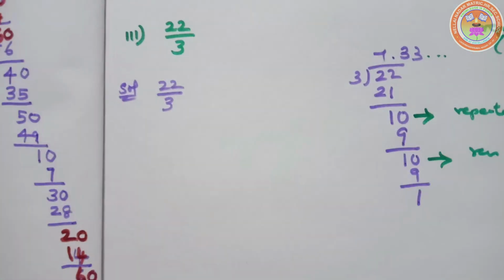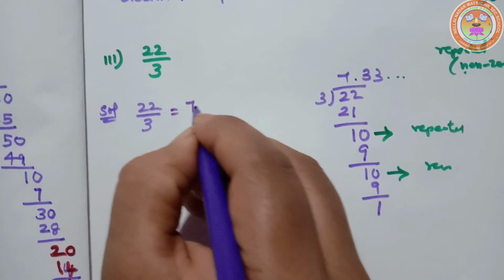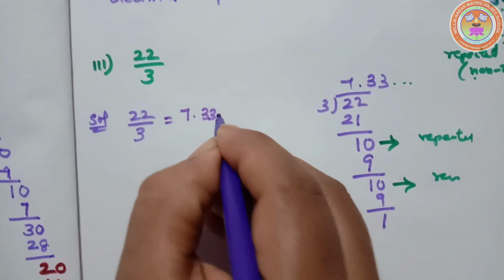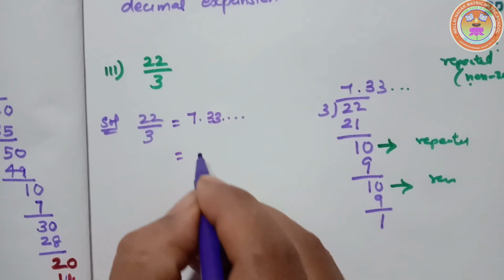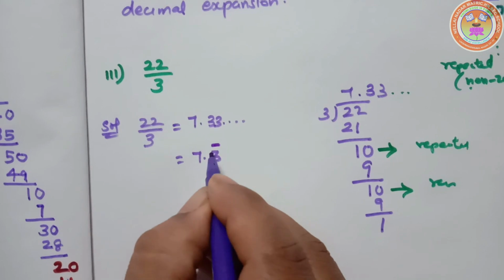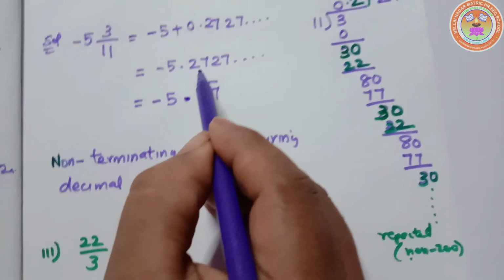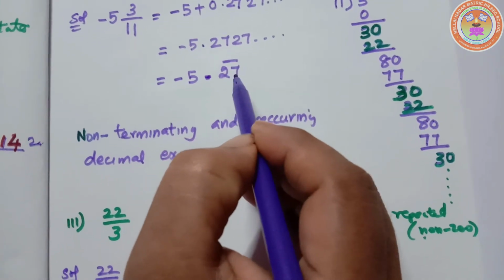So this 22 by 3 decimal value is 7.33... So you can write 7.3 bar. Use only one digit bar. Similarly 27 is the 27 bar.